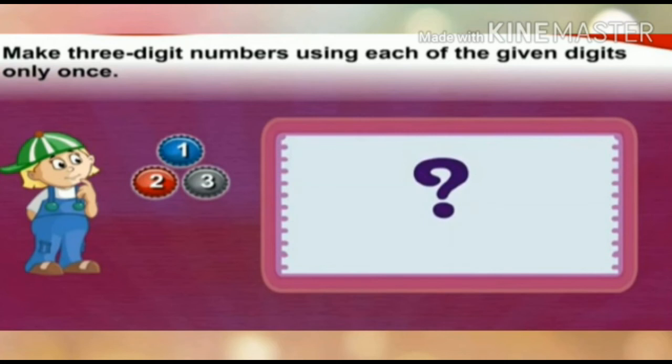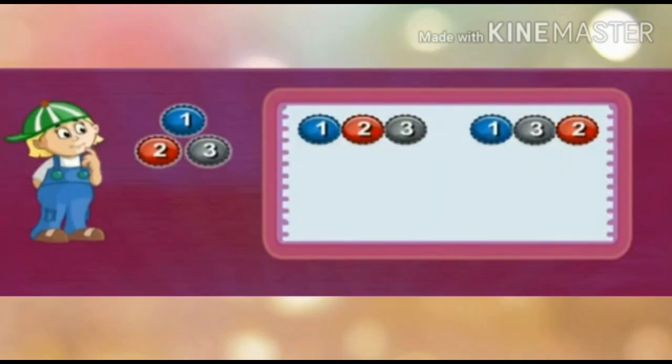Make 3-digit numbers using each of the given digits only once. Let us see the digits. There are 1, 2, 3. Now we need to make 3-digit numbers, but we need to use all the digits only once. So how many numbers can we make? 123.